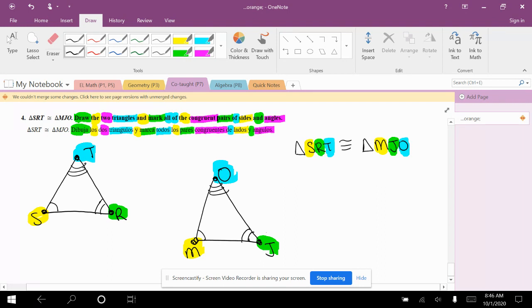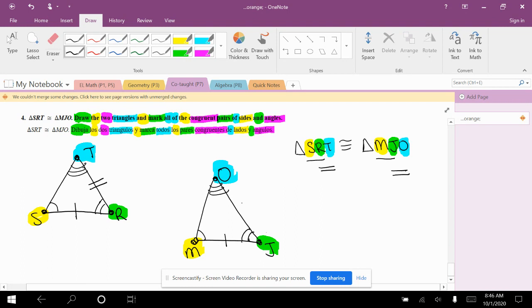These angles are congruent, but now we need the sides. SR is congruent to MJ. I put 1 tick mark. RT is congruent to JO.